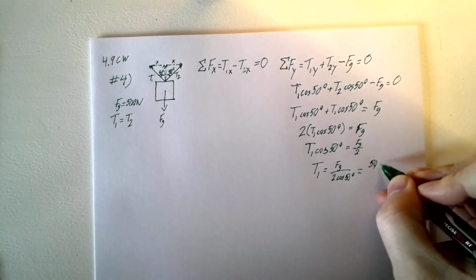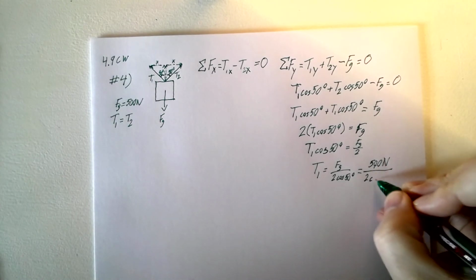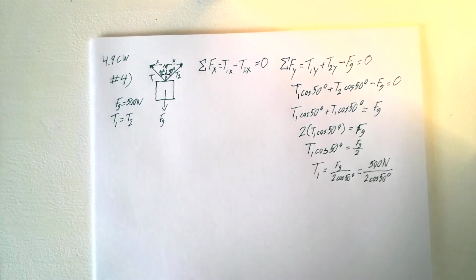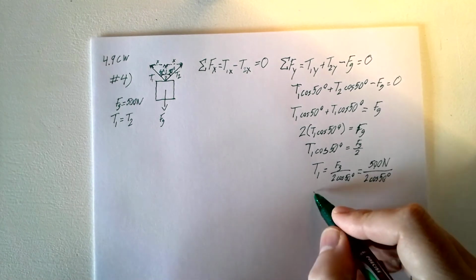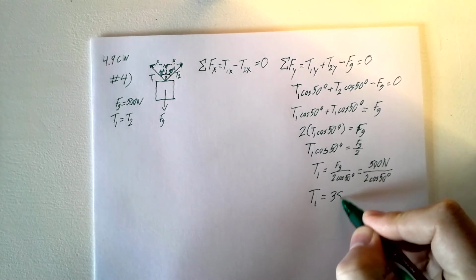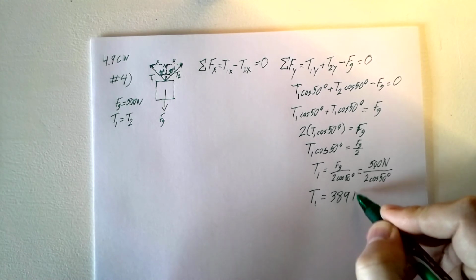So 500 newtons, divided by the numbers on the bottom. We have 500 to get a T1 of 388.9, so I'm going to round that up to 389 newtons.